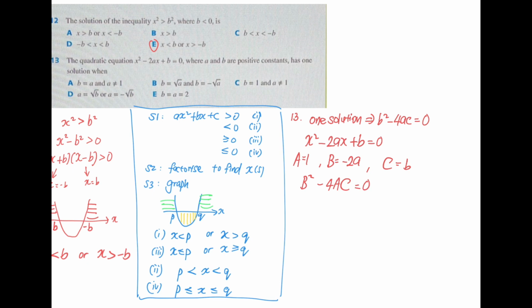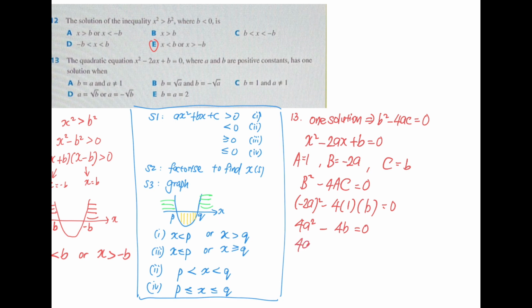So I have to use B squared minus 4AC equal to 0 because of one solution. So I substitute. My B is minus 2a, my A is 1, my C is b. So square this and get 4a squared minus 4b. Okay, so I get this.